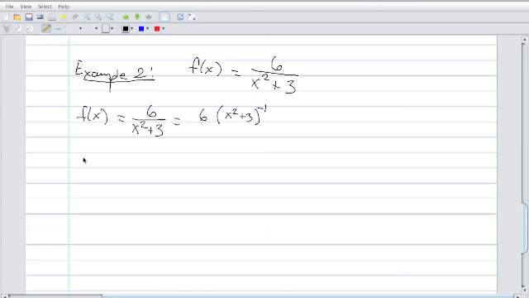So now when I find f prime, I can just use the chain rule. So then my f prime of x, the exponent falls, so I have a negative 6 times the inside. Subtract 1 from the exponent, it becomes a minus 2. And then times the derivative of the inside, which is going to be 2x.